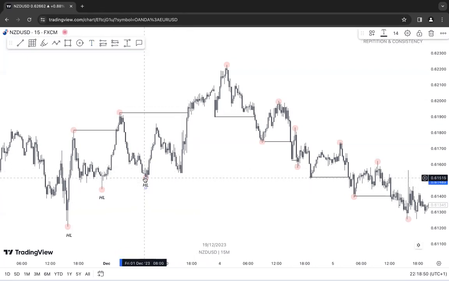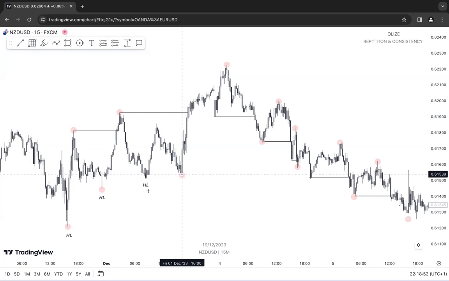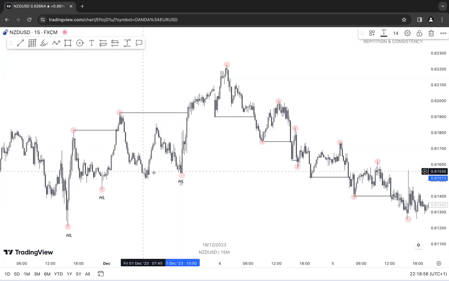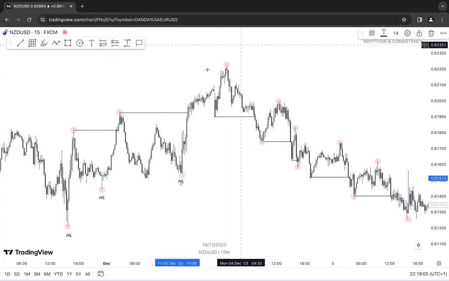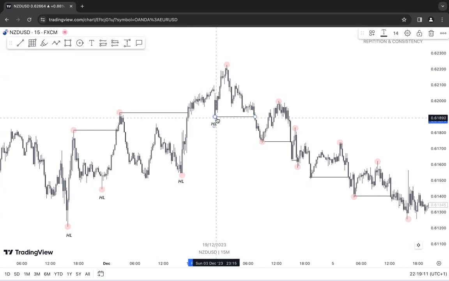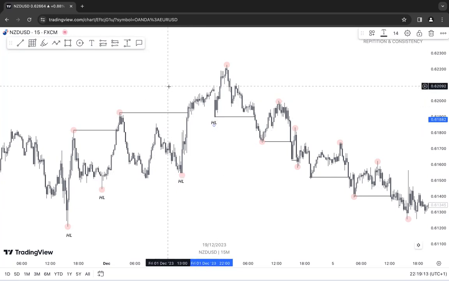So I think I'm calling this guy, no, I think this is the higher low, not this guy, because price failed to break this guy. So this guy here is the valid higher low. And we still have one here. This guy to be a higher low.